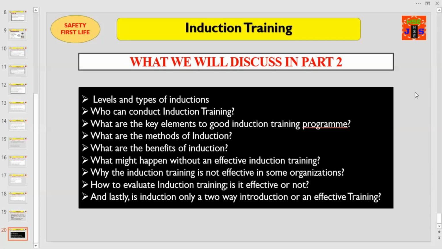What might happen without an effective induction training? Why is induction training not effective in some organizations? How to evaluate induction training? Is it effective or not? And lastly, is induction only a two-way introduction or an effective training?